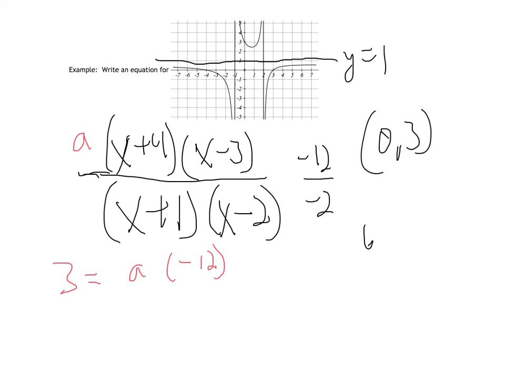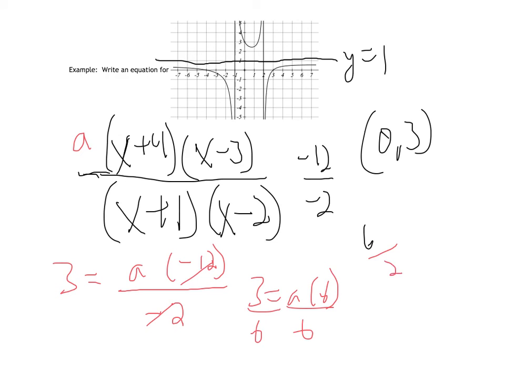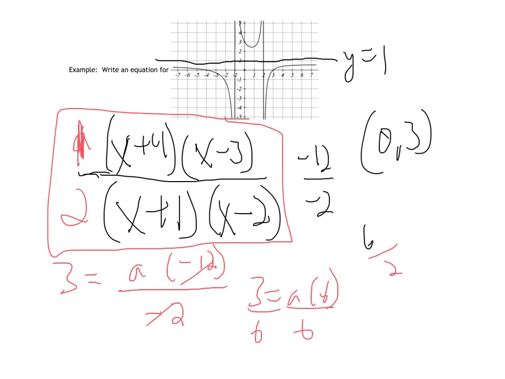So that's -12 over -2, which becomes 6. If I divide by 6, I get a stretch factor of 1/2, and that kind of checks. If I had split that in half, I would have gotten my 3. So this should be 1 over 2, and that should be the equation that represents this graph.